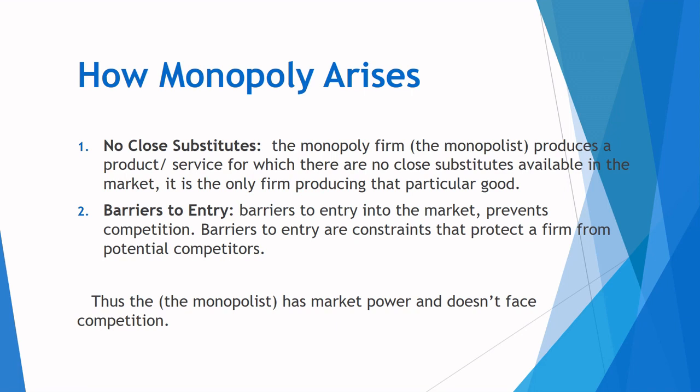The monopolist is the only firm producing that particular good. Since the entire market is dominated by one single firm, and that particular firm is producing a good or service that has no close substitutes, the monopoly has market power.